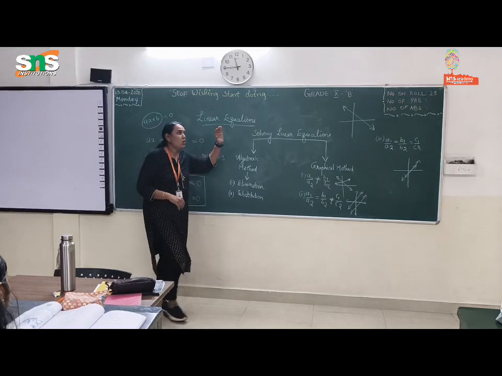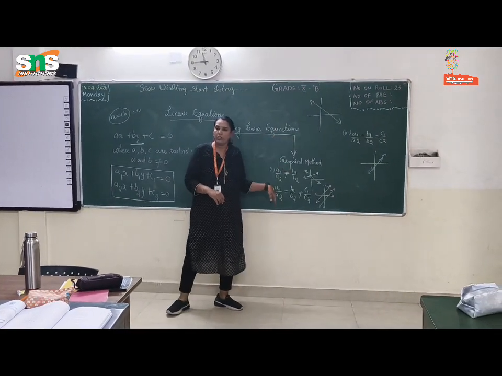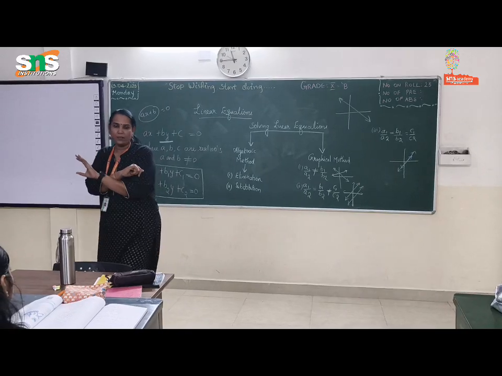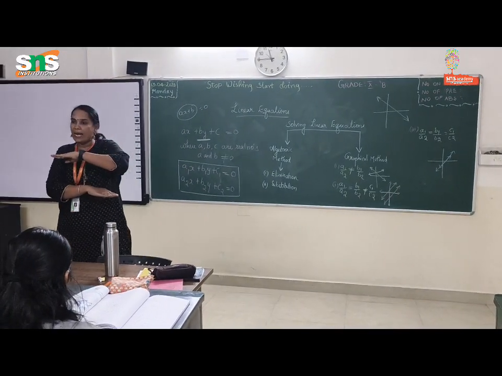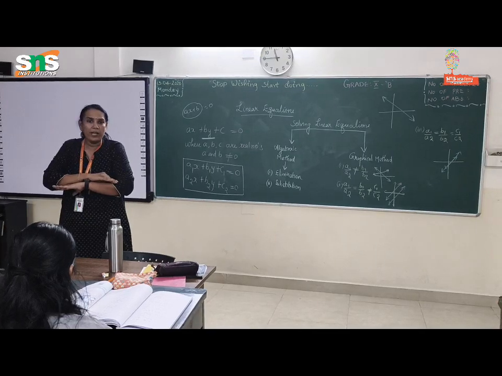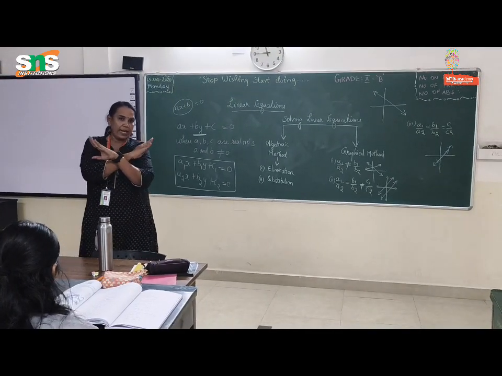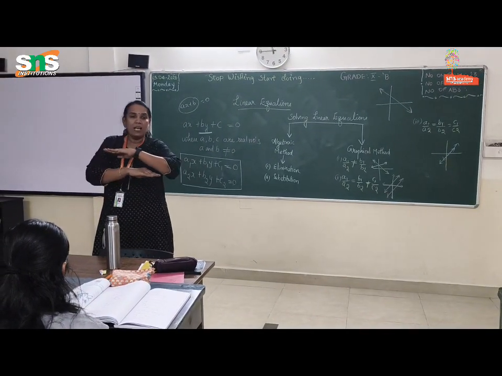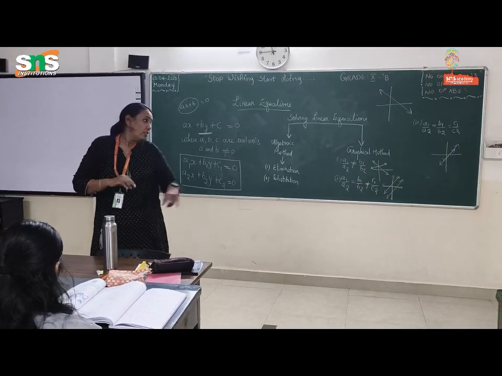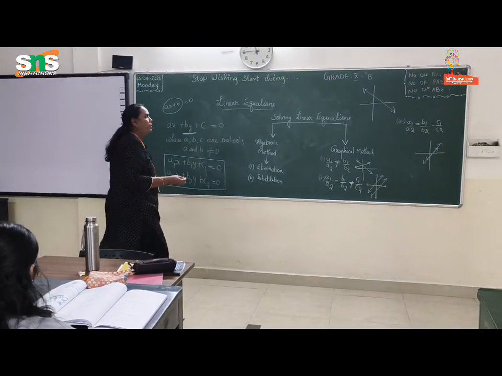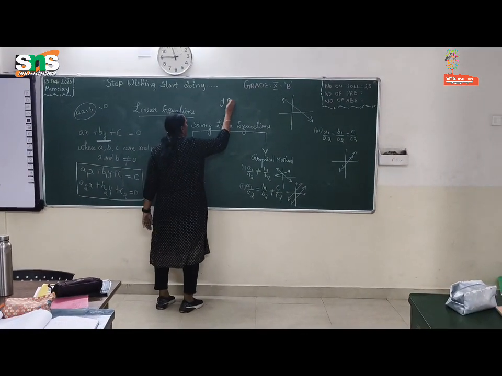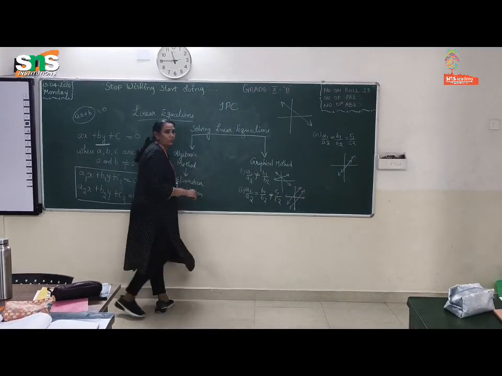Okay? So according to that, we are going to check whether they are intersecting lines or parallel lines or coincident lines. What are the three types of lines? Intersecting lines, parallel lines and coincident lines. Don't change the order, otherwise the criteria will be difficult. For our understanding, I am using IPC.